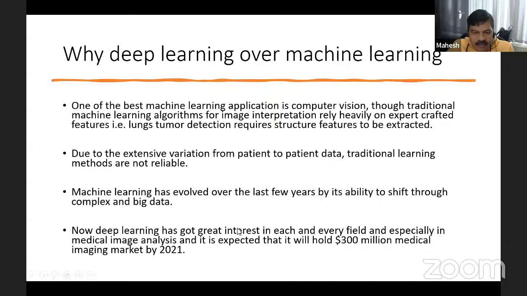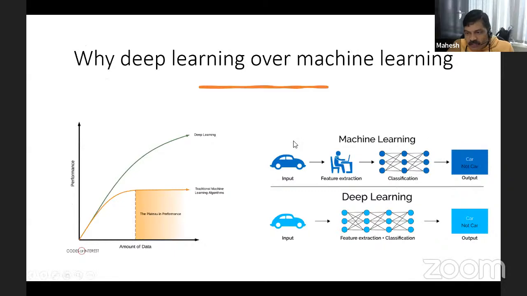The number of computations is more as a result of the convolution operation. Here in this slide we have considered only two classes, car and not car. In the case of machine learning, we require a special feature extraction block and then a classifier.